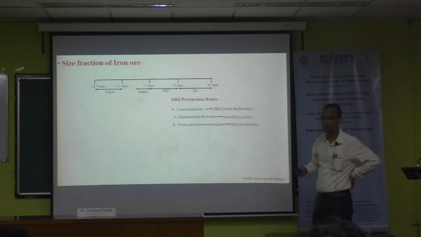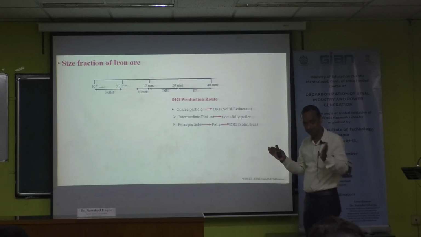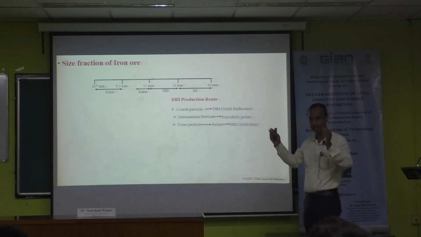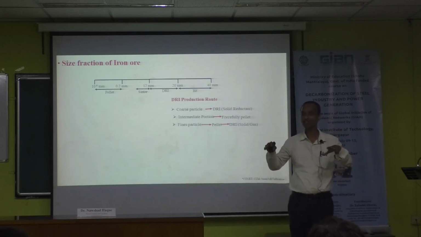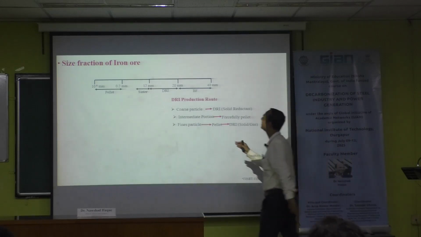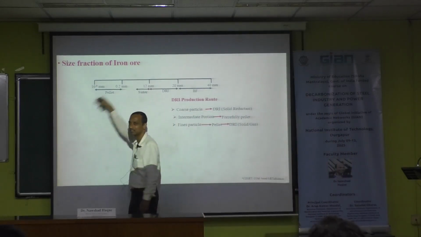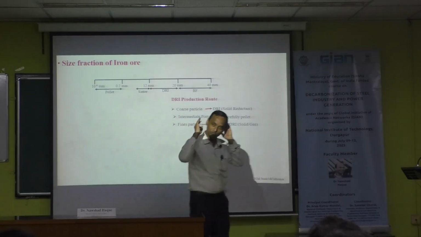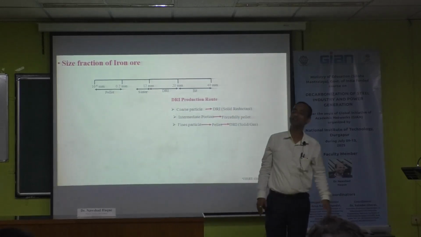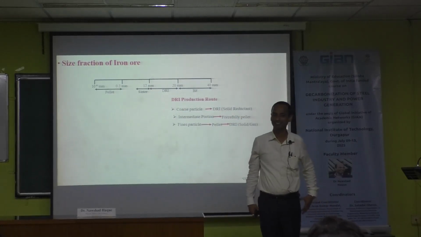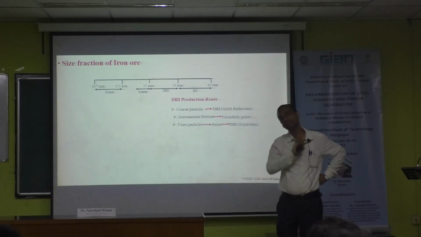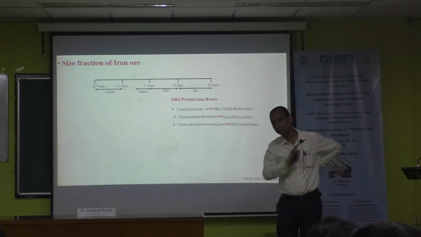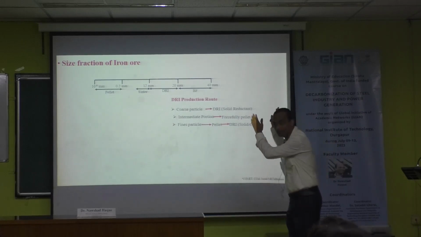The intermediate has a wide boundary, because when we assume there will be no blast furnace, there will be no sinter. Sinter particle size will also come under the intermediate particles, right? If there is no sinter, then all such particles will be in the intermediate portion.